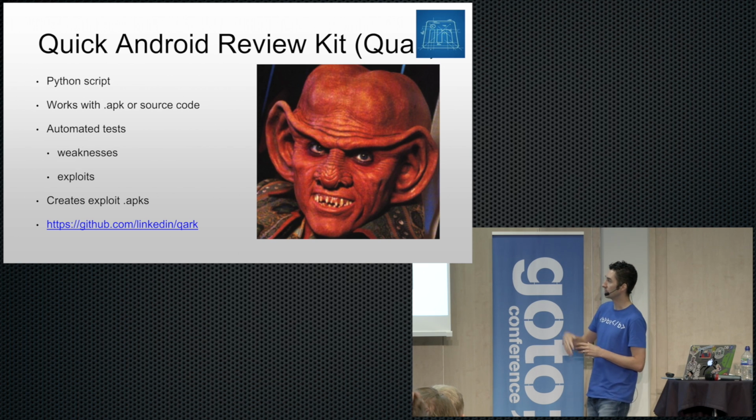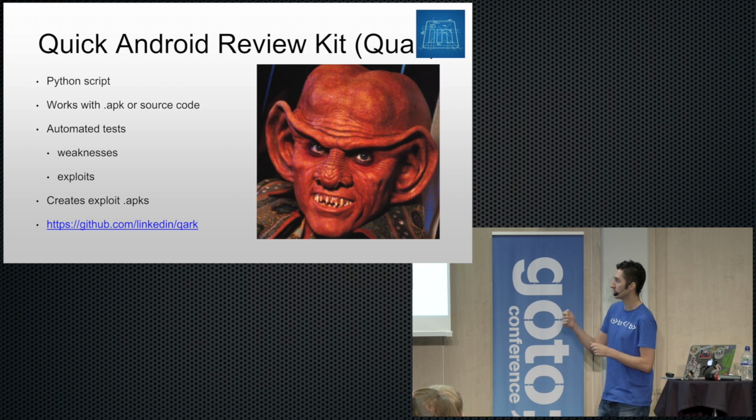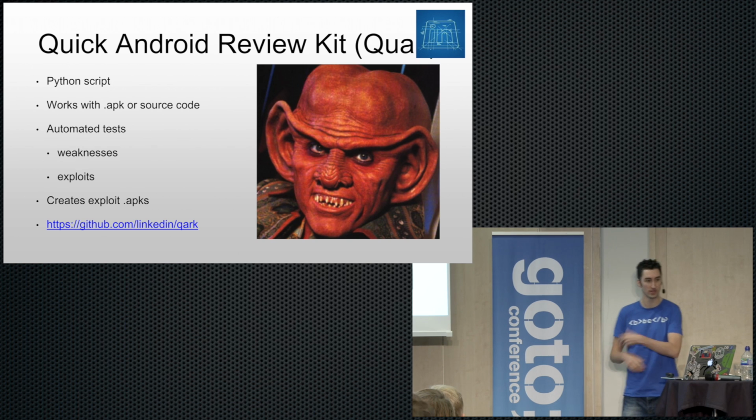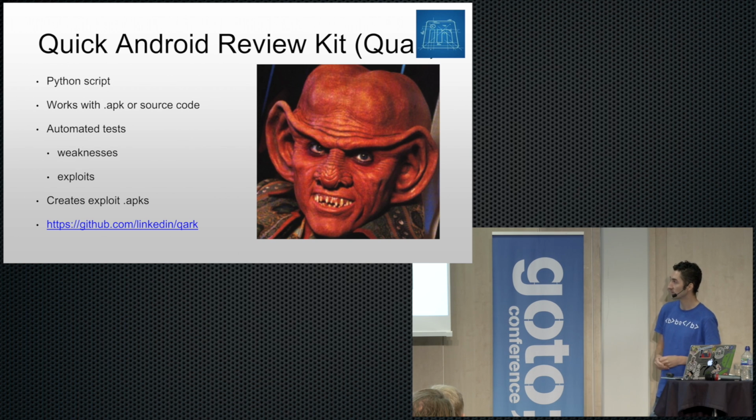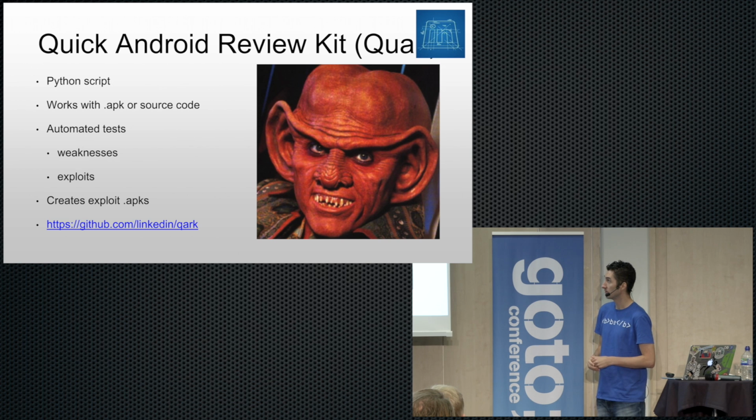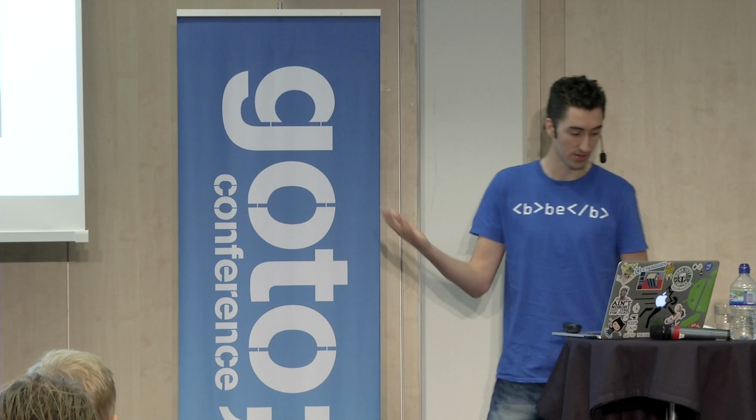And the cool thing is, it generates an exploit APK that you can then install on the device and try to exploit different things. So it's definitely one for your testers and for you to do once you've put some of those survival tips in place. It's a new library, they're looking for more exposure, so I thought I'd mention them.